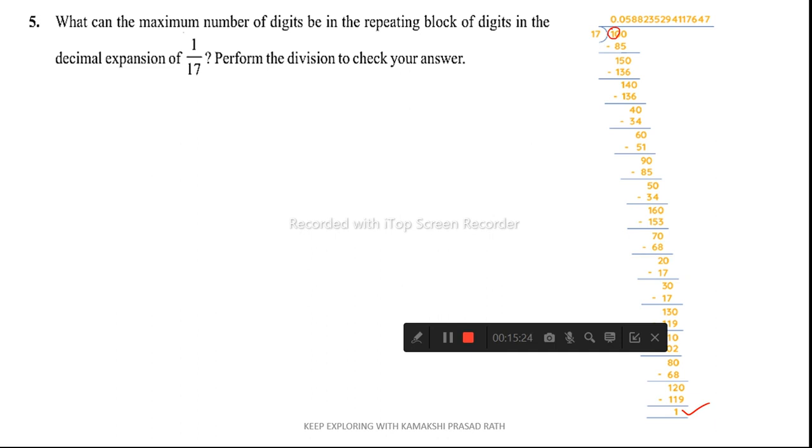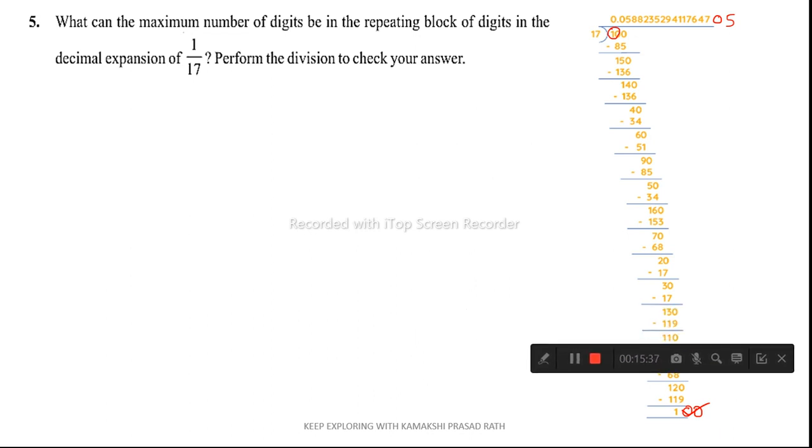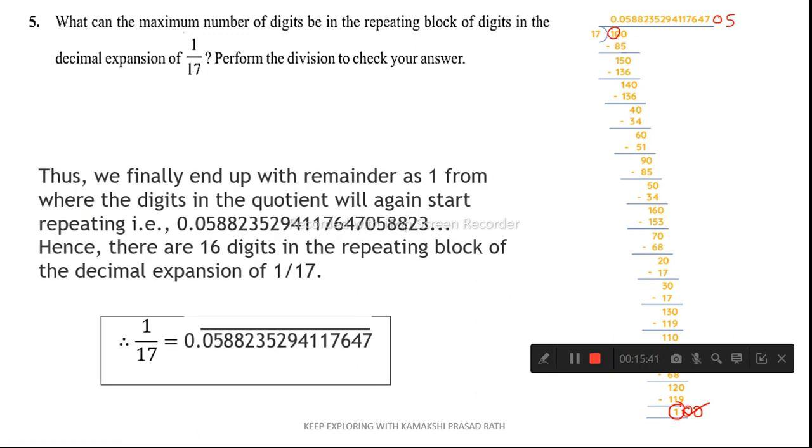Again, when we put 0 here, we need to start with 0. So 17 again into 0, then 17 5s are 85 and so on. Here we need to stop our division because the remainder has repeated itself. So we finally end up with the remainder 1, from where the digits in the question will again start repeating. You can see it from here.